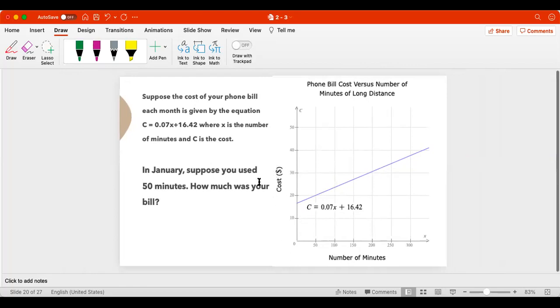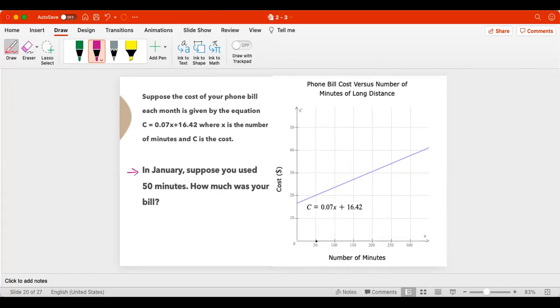And this Y value, what they're calling C, they're using a different variable here, but it's the same idea. That's going to be how much it's going to cost me that month for the number of minutes I use. So this question says, in January, suppose you used 50 minutes for your cell phone. How much was your bill?